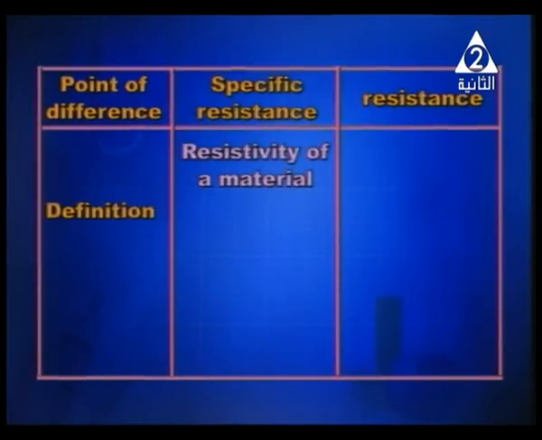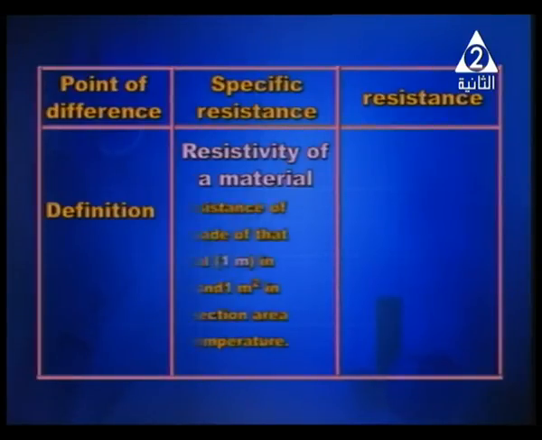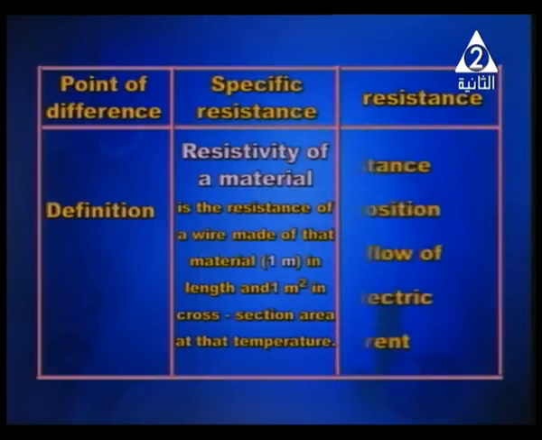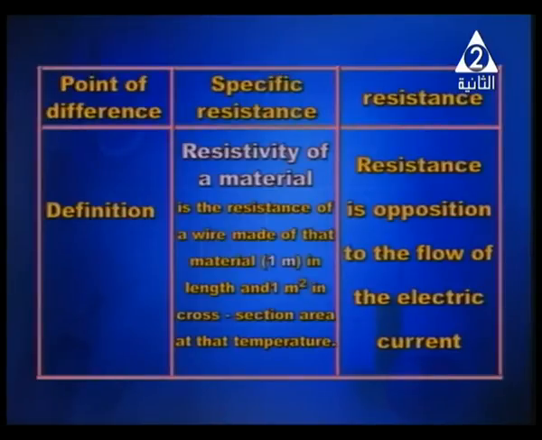The definition of the specific resistance or resistivity of a material is the resistance of a wire made of that material, where the wire is 1 meter in length and 1 meter squared in cross-sectional area at that stated temperature. What about the definition of resistance? It is opposition to the flow of the electric current, opposition to the flow of electrons.